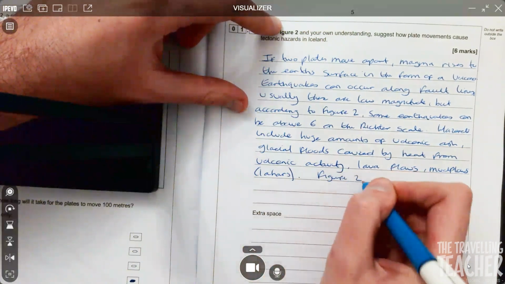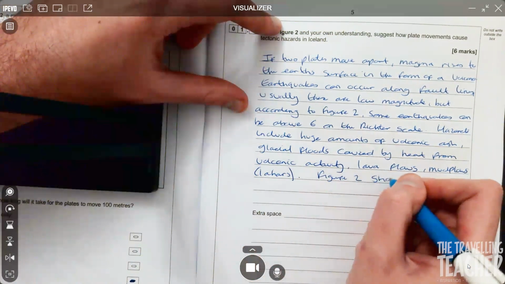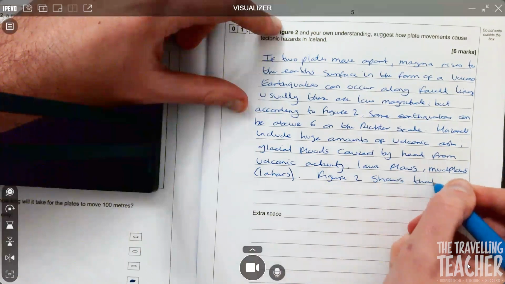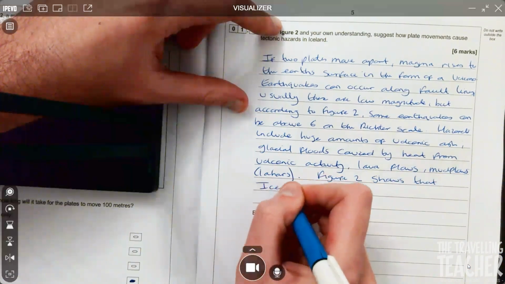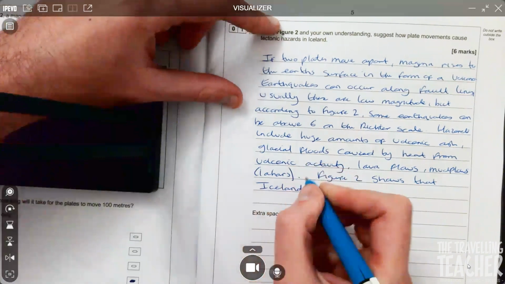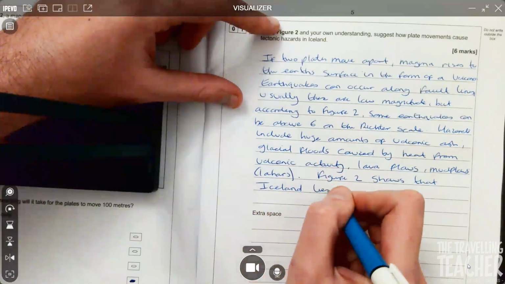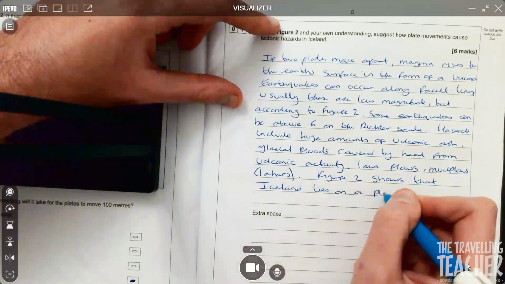Figure 2 shows that Iceland lies on a plate margin.